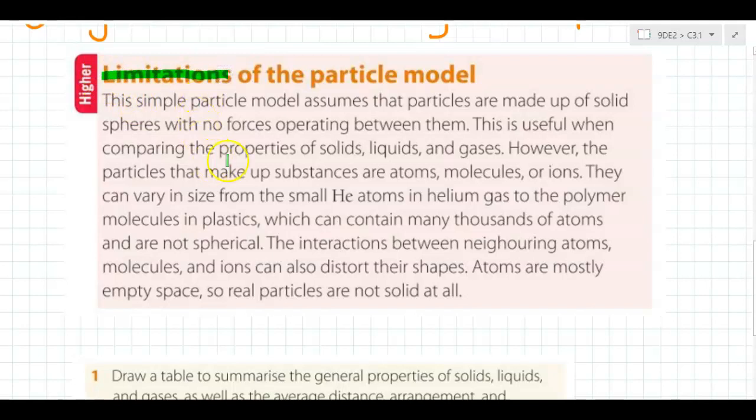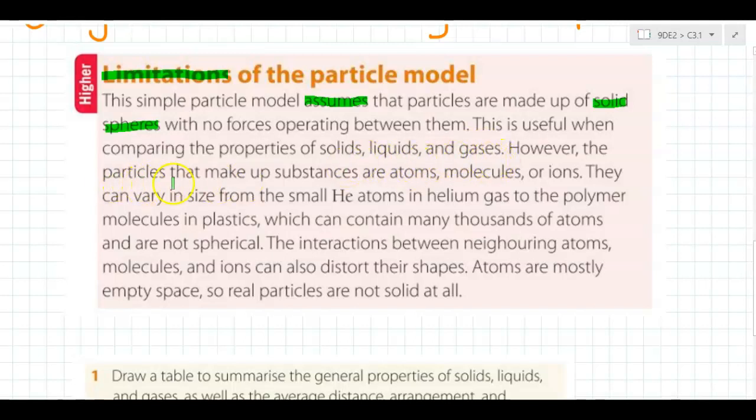Okay, but it's a good model because it's simple and it lets us explain how things happen. So we're using these ideas to explain things that we observe, even though we can't see particles. Okay, we assume, in our model, that the particles are solid spheres. Okay, so this is useful when comparing the properties, which we've seen, and we use the model in year 7 to talk about solids, liquids and gases.